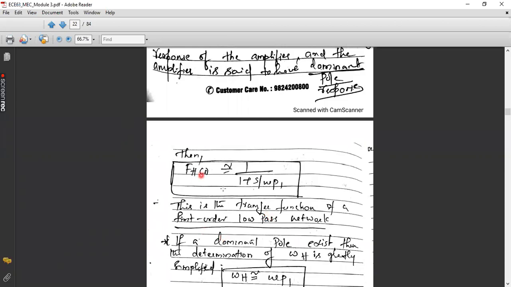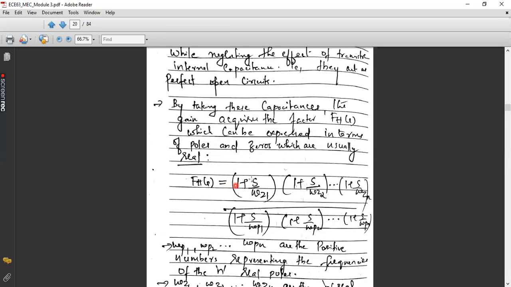The concept of dominant pole is that if you deal with this equation, only s by omega p1 exists, whereas all other terms will vanish. Why am I discarding all other terms? Because omega p2, omega p3 up to omega pn, and omega z1, omega z2 up to omega zn, all these zeros and poles lie very far away from my low frequency pole omega p1.